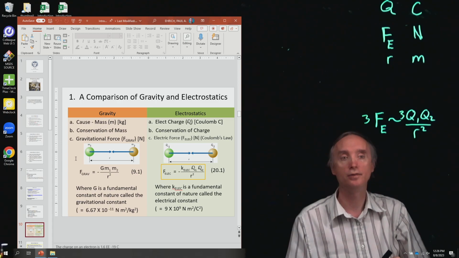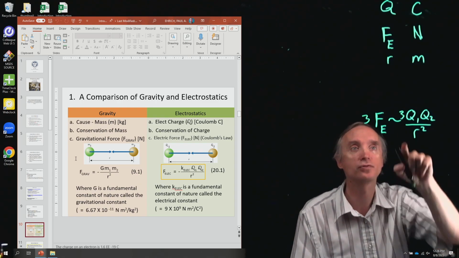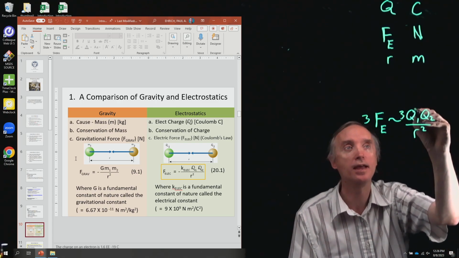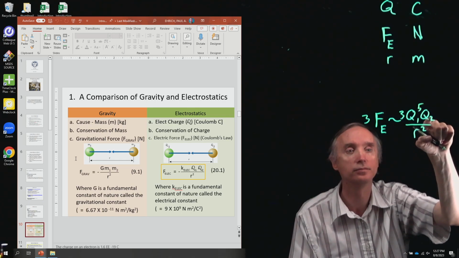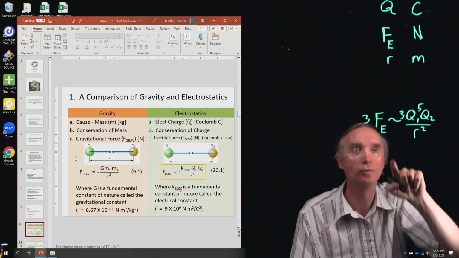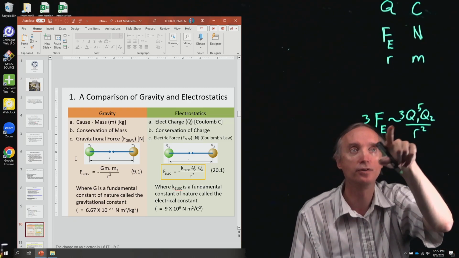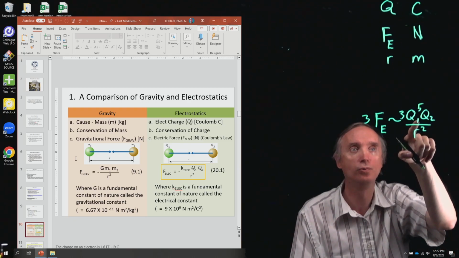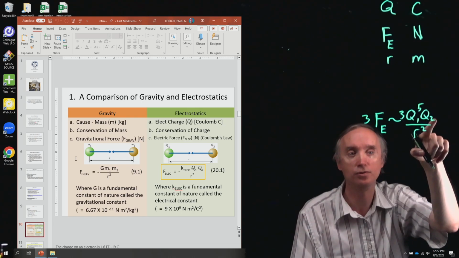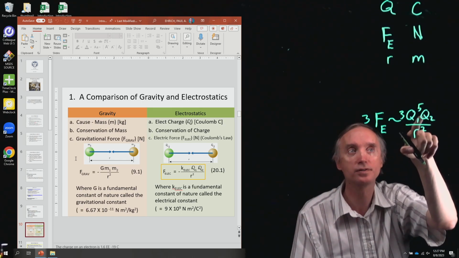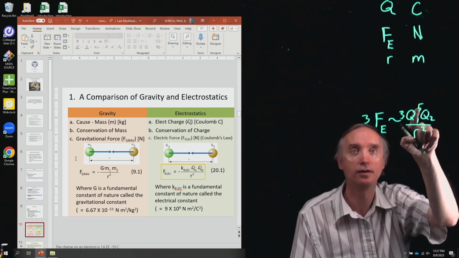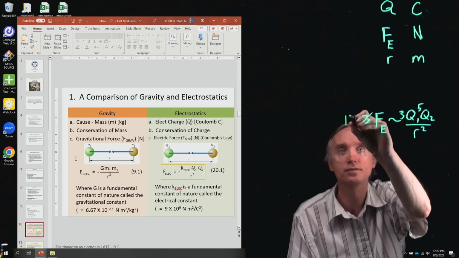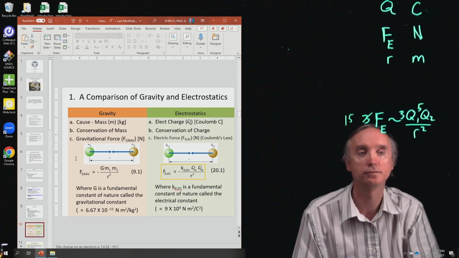I could say, what would happen if I triple this one and this one gets 5 times bigger. So then what would be the new force? Now notice that this is not Q1 plus Q2, it's Q1 times Q2. So it's going to be 3 times 5, and then my answer is going to be 15.